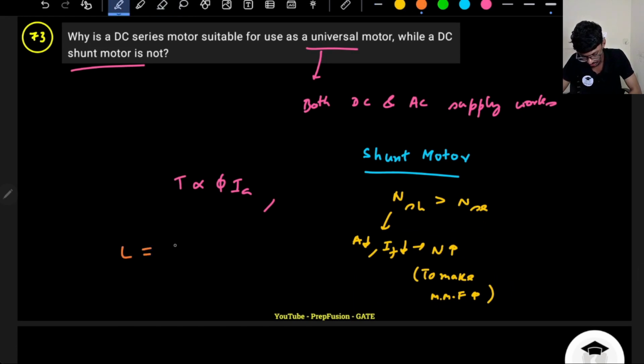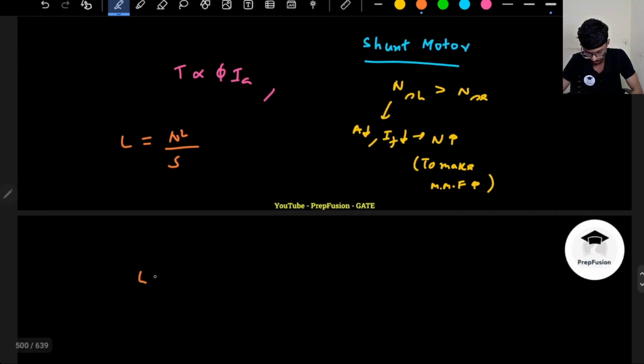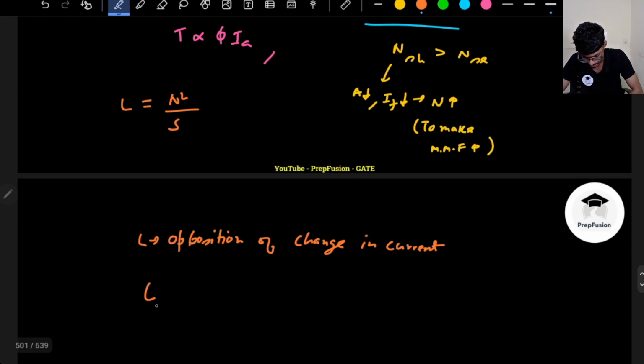The inductance formula is equal to n square upon reluctance. If you remember this formula, it was n square upon reluctance, right? So what is the property of inductance? The property of inductance is the opposition of change in current. So a shunt winding will have higher inductance than series winding.